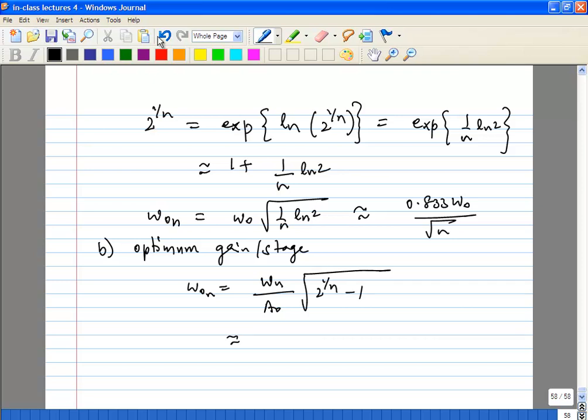We're going to write A naught as, let's say the total gain is A tot, whole power 1 by n, because A naught is not an independent factor. So this is the function you want to maximize.